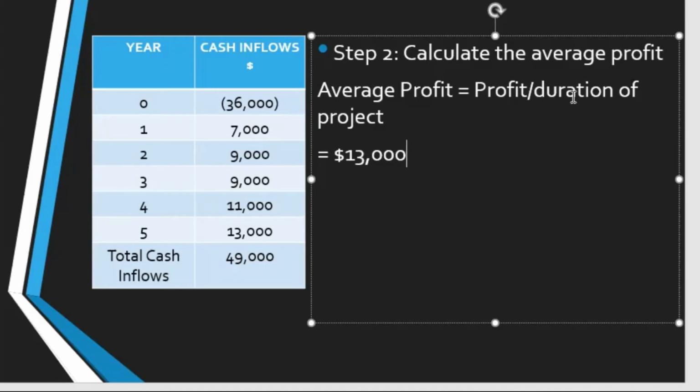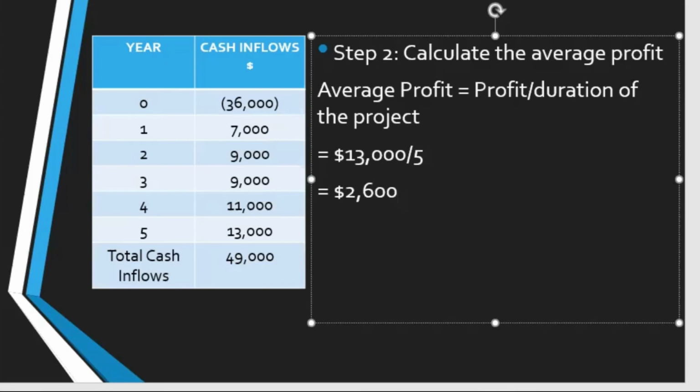And how long did they say this project will be for? 5 years. So the profit amount divided by 5. When you do 13,000 divided by 5, the answer you will get is $2,600.